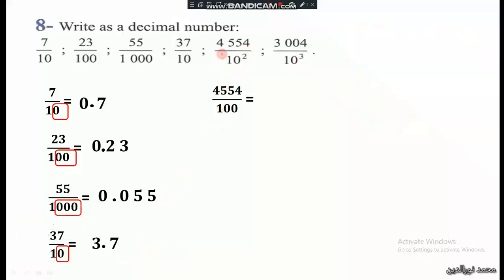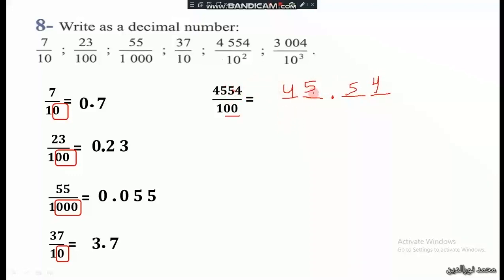And then for 4,554 over 100. So as we said before, we could use this method. We have 2 zeros, so we have 2 decimal digits, and we have the point right here, and then we start from the right. Then we put 4, and then we have 5, and then we have 5, and then we have 4.